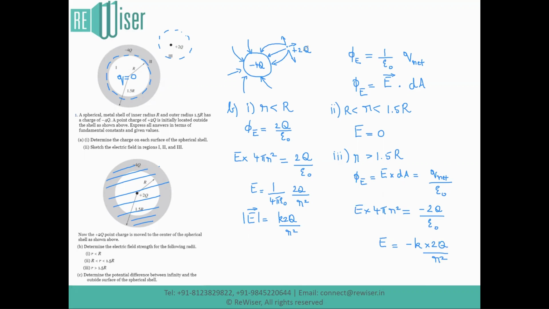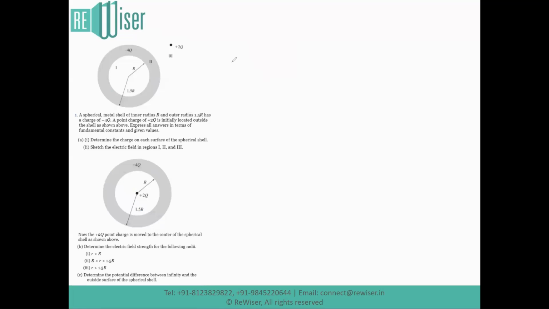Moving on to the last part, that is part C of this question. We have to determine the potential difference between infinity and the outside surface of the spherical shell. We understand that electric potential or electrostatic potential V and electric field E are related by an equation which is called the potential gradient, which is as follows.